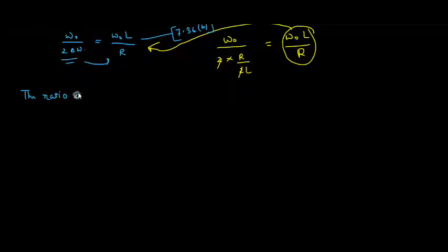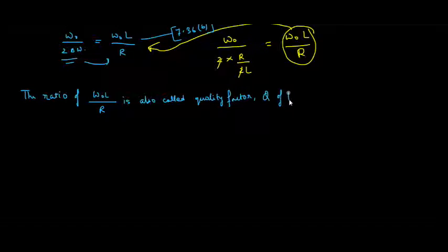Now the ratio omega naught L upon R is also called the quality factor, that is also denoted by Q of the circuit.